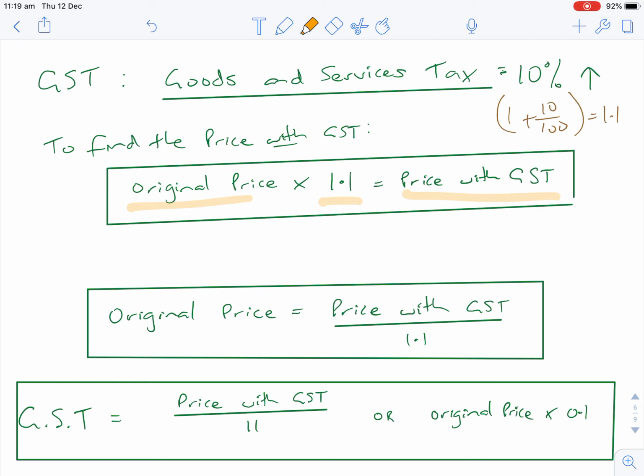If I was timesing by 1.1 to find the number, to undo it, I'm going to divide by 1.1, which is what we're doing here. Effectively all I've done is rearrange that top equation. The original price has stayed where it is, the price with the GST has stayed where it is, and I've removed the 1.1 to get the original price on its own. I was timesing, so the opposite is dividing. So hopefully you can make sense of all that.